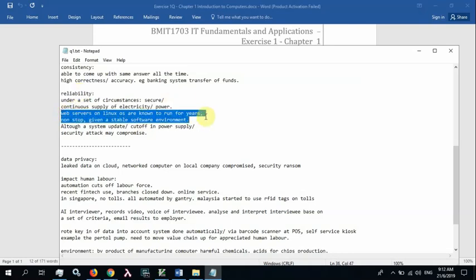Okay, so continuous reliability: web servers on Linux are known to run for years non-stop, given a stable operating system or software environment. A lot of times hiccups happen during new refreshes, new updates of your system.